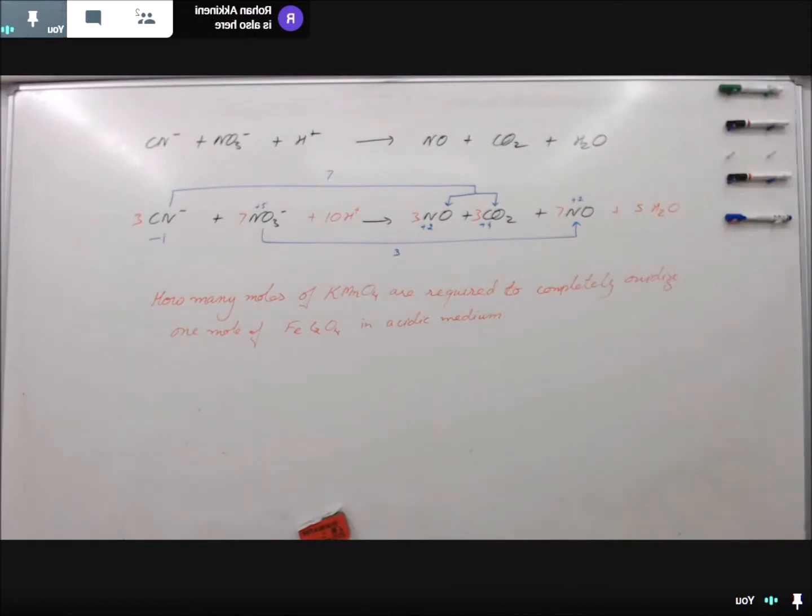Can you do this? So it's FeC2O4, ferrous oxalate.